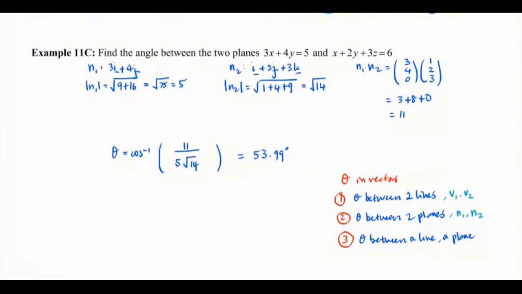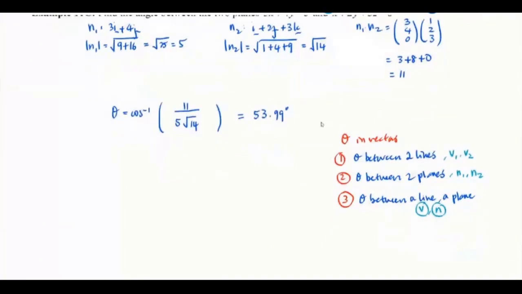For this one, you will encounter with V and N. V daripada line, N daripada plane. Kalau yang first and second, directly kita akan dapat terus angle dengan inverse cos of dot product over magnitude, magnitude.